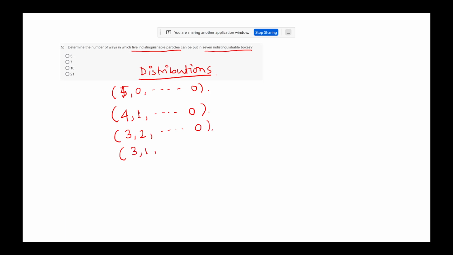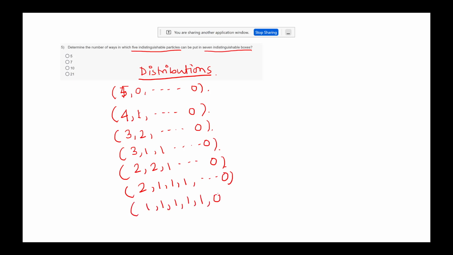Then 3, 1, 1, rest are vacant. 2, 2, 1, rest are vacant. 2, 1, 1, 1, rest are vacant. And 1, 1, 1, 1, 1, and 0, 0. How many ways is it coming? 7, right? Because these are indistinguishable, keeping 5 balls here and 5 balls there doesn't alter the ways.